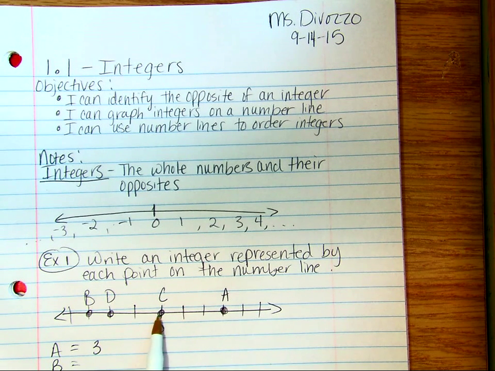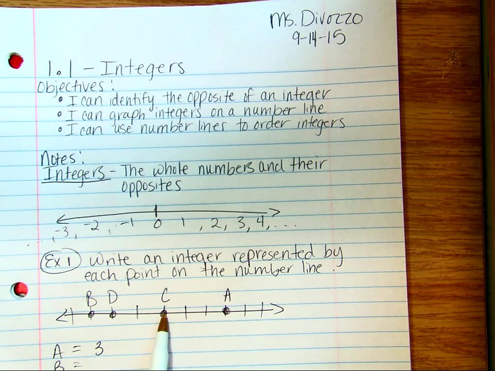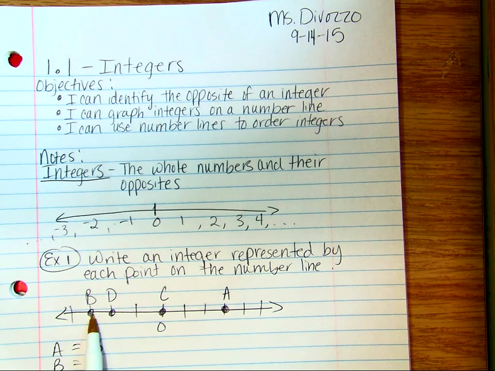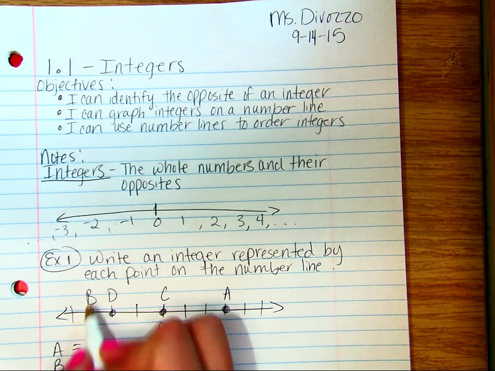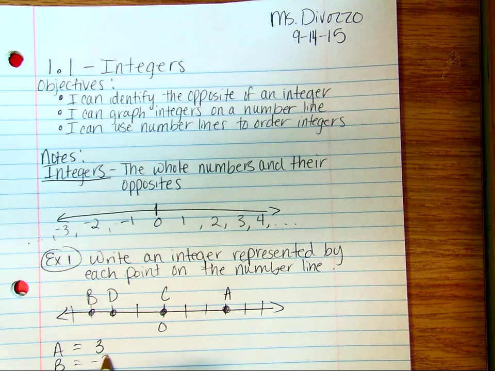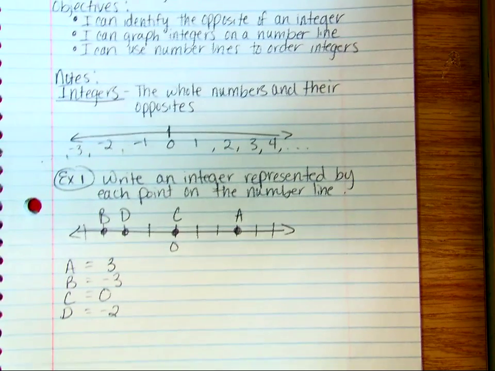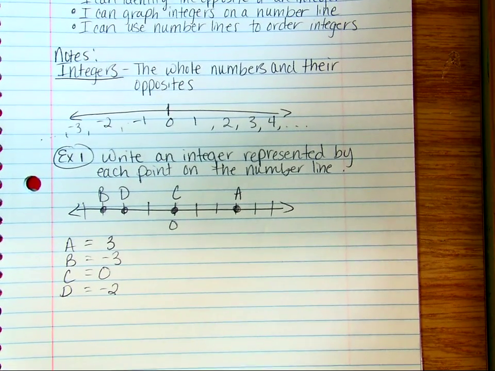If we go left on the number line, these numbers are all negative. So to the left of 0, these are all negative, so we're going to count by negative numbers. So here's 0. This is -1, -2, and -3. So D was -2, and B was -3. Okay, so we have some integers represented on that number line.